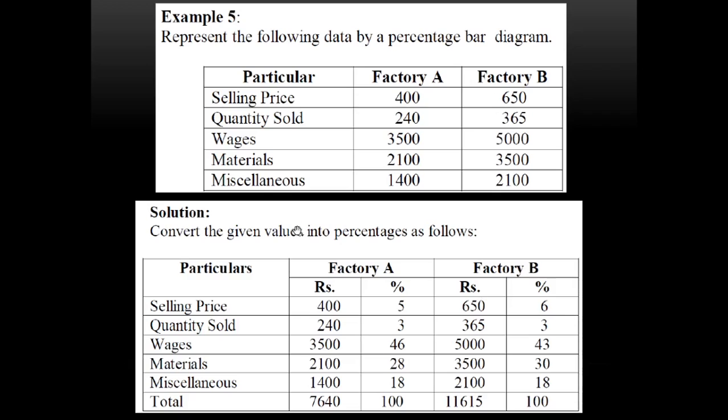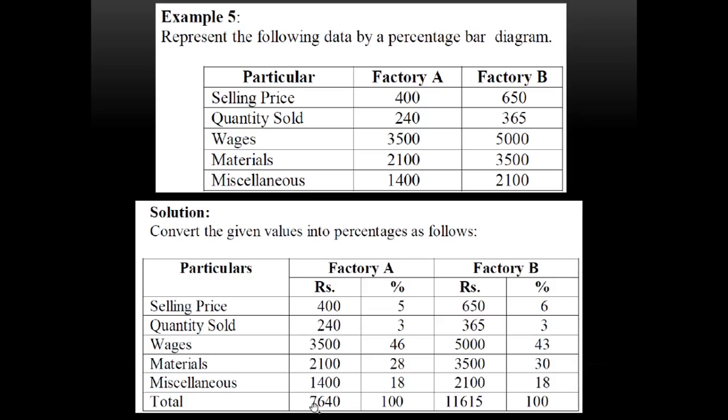Here we must convert the items into percentages. Factory A total, selling price, quantity sold, wages, like this. We must convert all these into percentages. The formula for converting items into percentage is item value divided by total of all items into 100. This is the formula used.